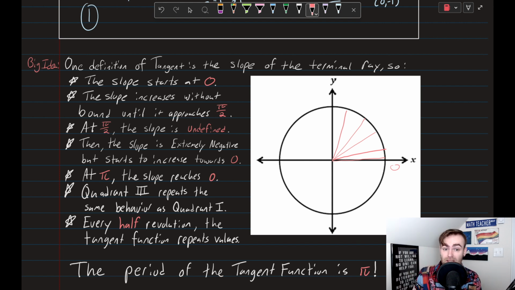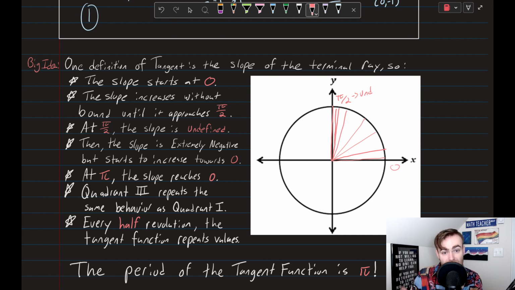The slope is going to increase towards infinity. As soon as I get really, really close to the y-axis, I get monumentally huge slopes until I get to vertical. Vertical slopes are undefined. So at pi over 2, it's undefined.